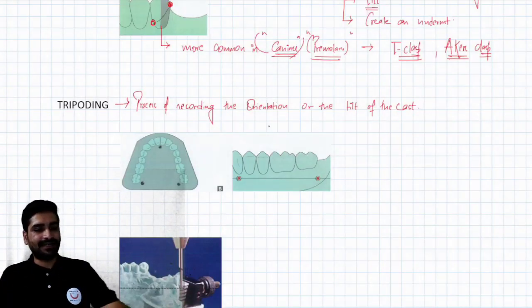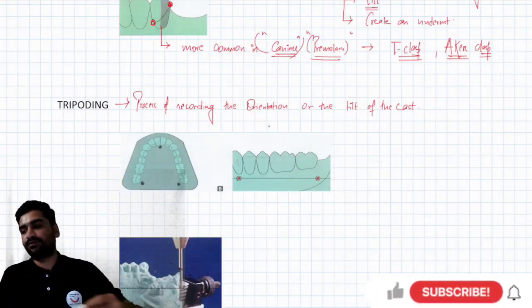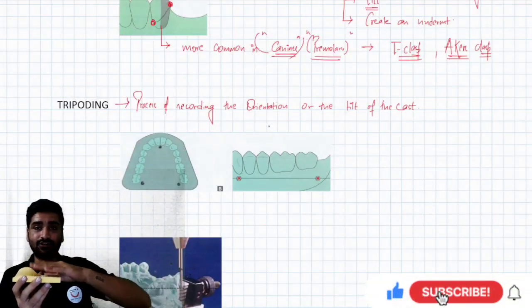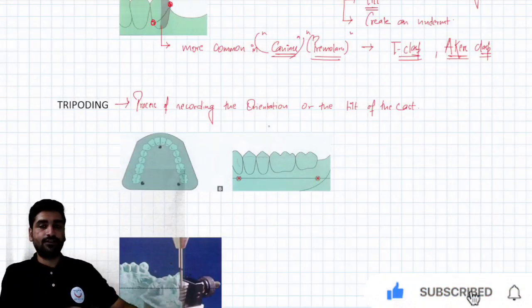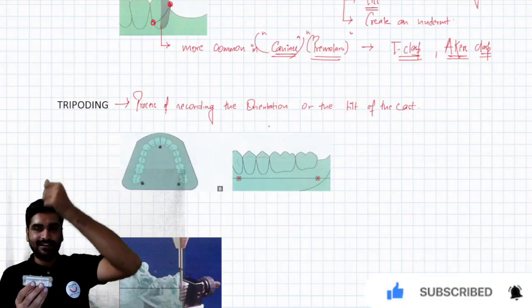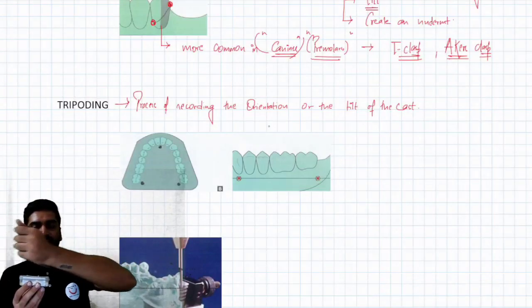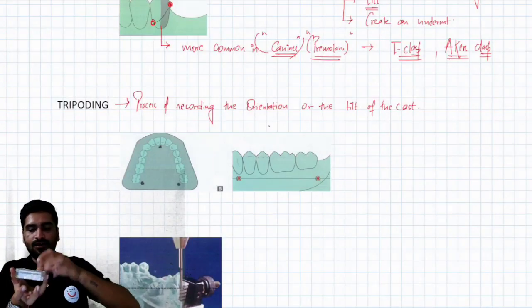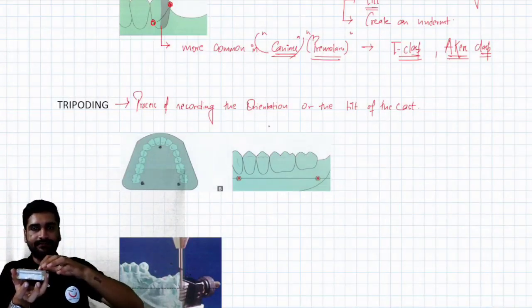Okay, these points are marked on this cast. Now I take a master cast. Okay, suppose now I took a master cast. So now before I place this master cast on the cast holder, okay, what I do is I place again these cast on the cast holder, take my surveying arm and orient the surveying arm as well as the cast holder such that all the 3 points are contacting.